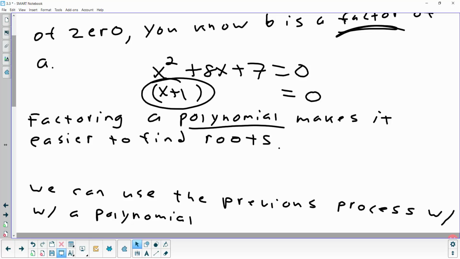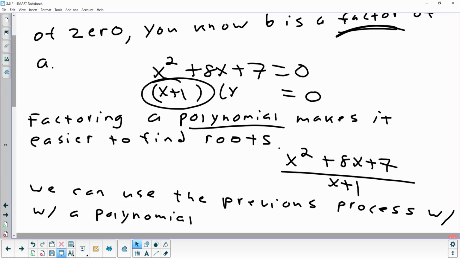And you said, I still don't know how to find the other factor. What you could do, this is the long way, I'm hoping you could factor that, but if you couldn't, you could take x squared plus 8x plus 7 and divide it by x plus 1, and when you do all that out, the answer you will get is x plus 7. We just have to learn how to do this problem out now.